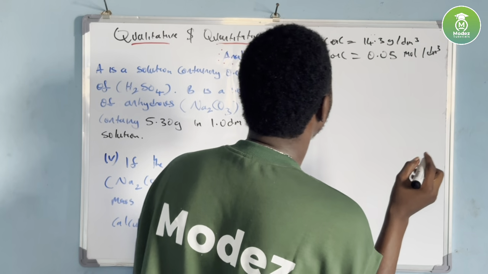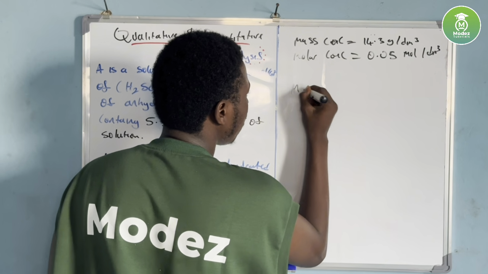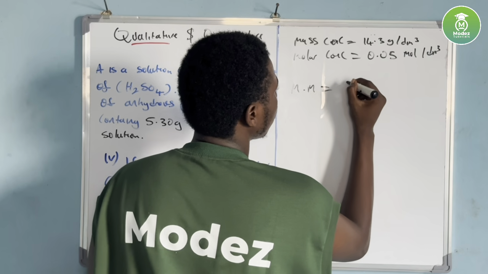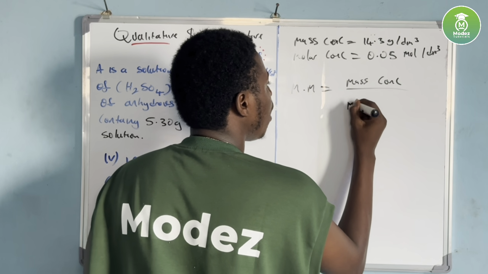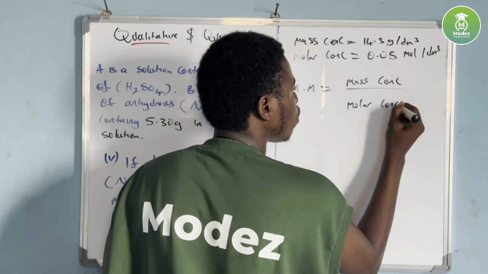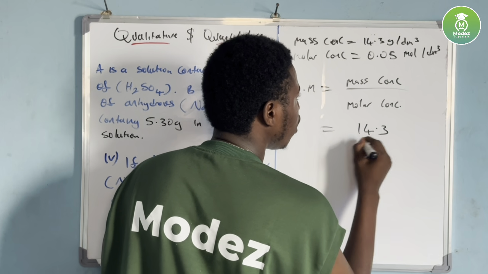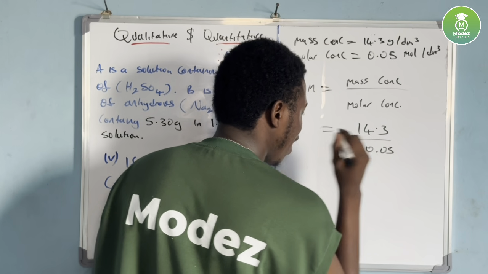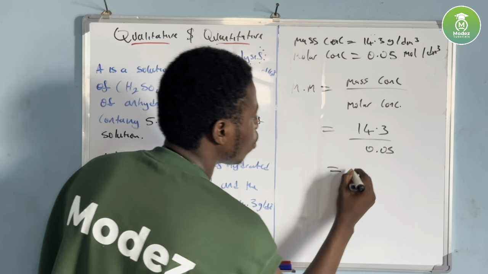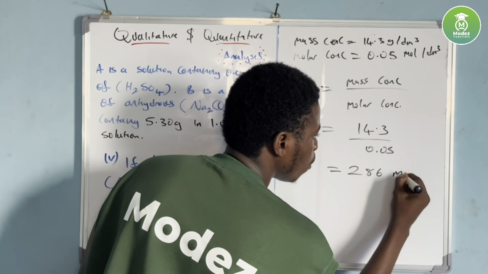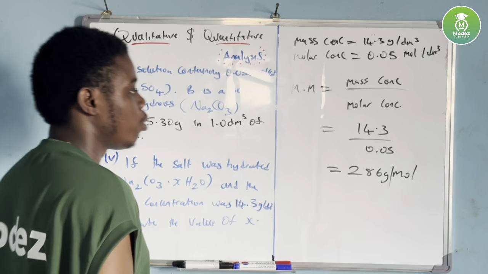Now, how do we do that? The molar mass is equal to the mass concentration over the molar concentration. So 14.3 over 0.05 should give you a molar mass of 286 gram per mole.